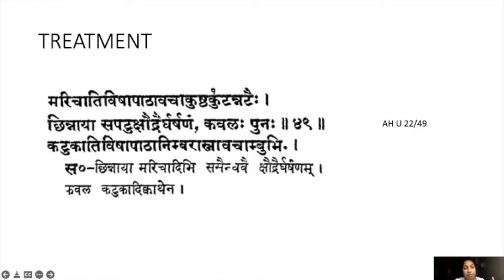Pradisarana or Karshana can be done with Marija, Adivisha, Pada, Vaja, Kushta and Kudannada, Chinnaya, Sapadu, Kshaudra. You can mix that with the powder of this Chinnaya.